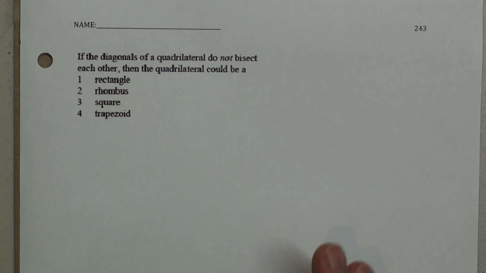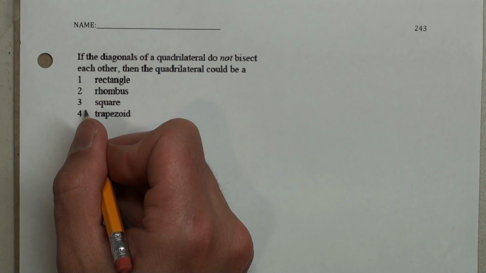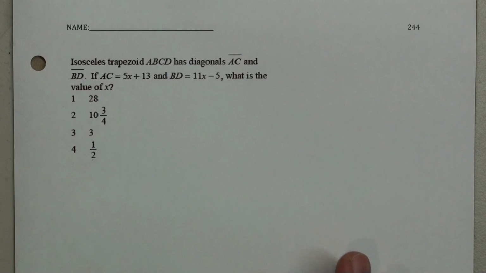If the diagonals of a quadrilateral do not bisect each other, then the quadrilateral could be a trapezoid then. Isosceles trapezoid ABCD has diagonals AC and BD.